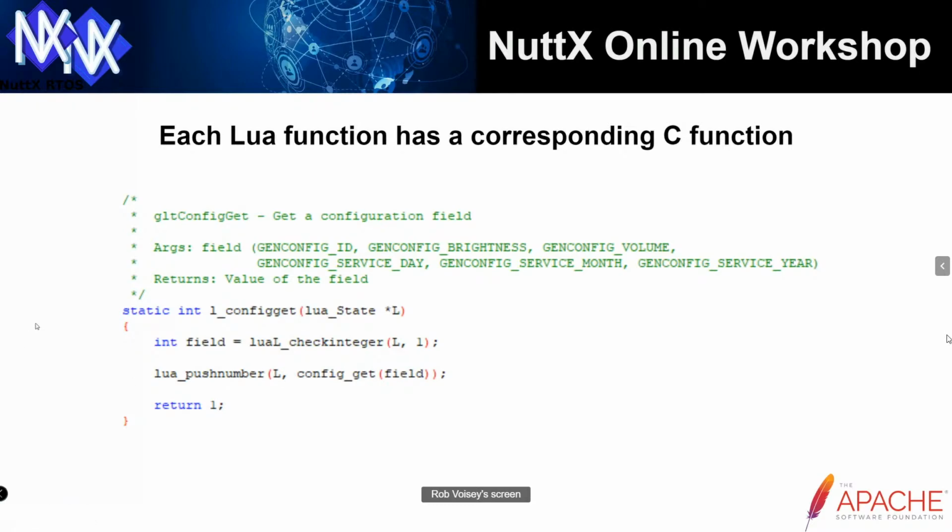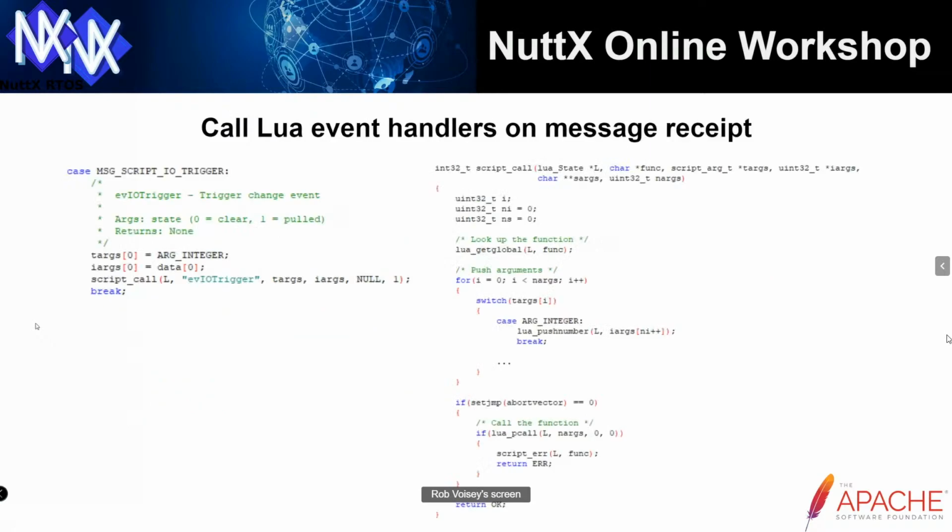So yeah, really simple. The last part of the API are event handlers. So Genesis is completely event-driven. In most cases, events are asynchronous, and they arrive on the message queue of our script thread. And on the left is a fragment of message dequeuer where it's identified that there's an IO trigger event, which is a trigger change event.